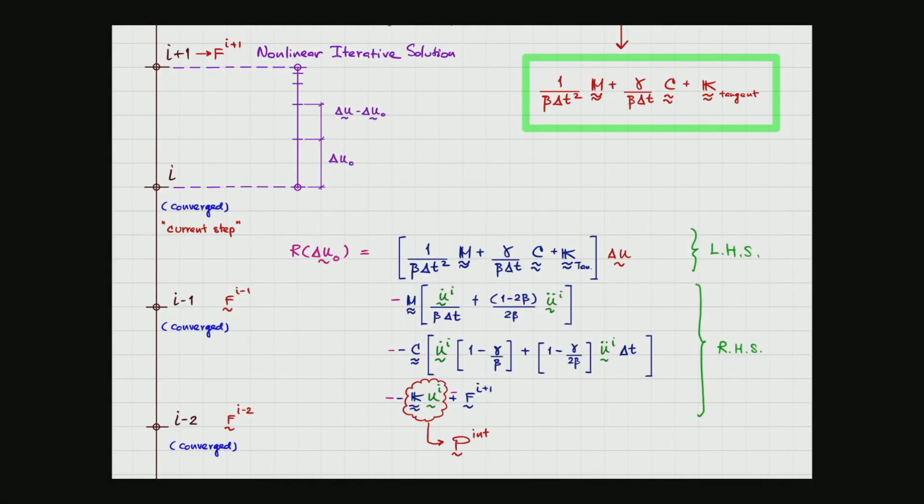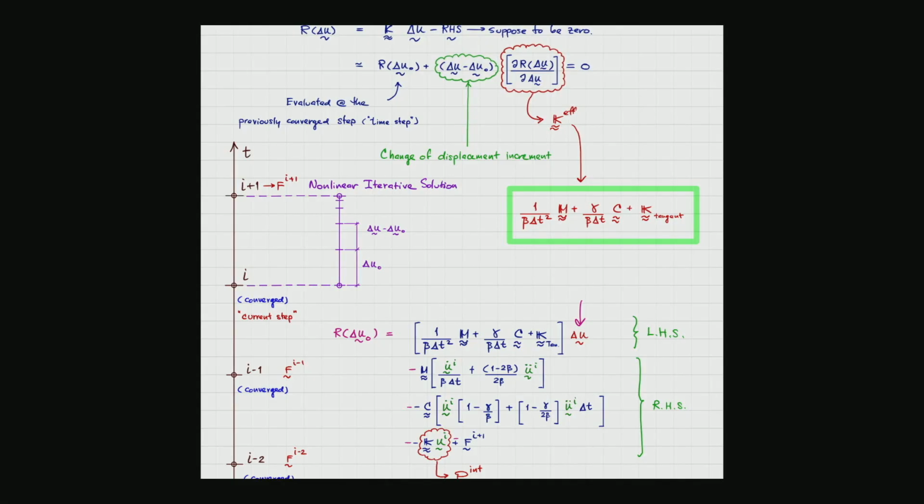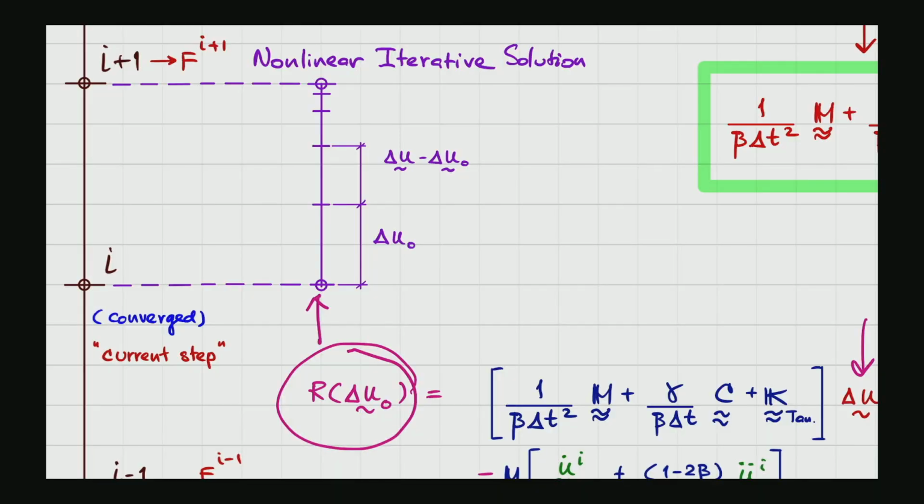But the thing that could be changing is in here. So your R of delta U naught is going to be starting from here and then moving to there. So as it moves to there, delta U naught is going to be updated from this number to this number. Alright? And then you're going to move to there and there and there and there.